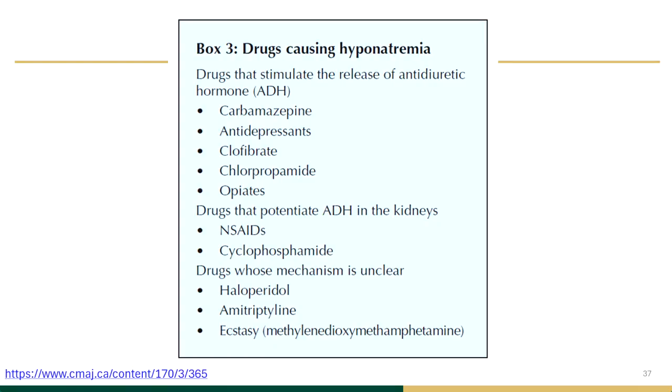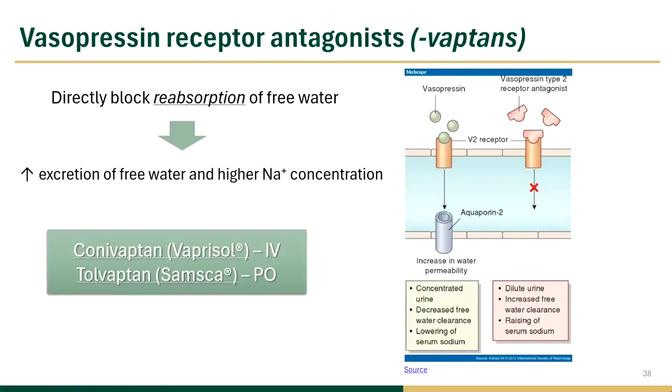So I mentioned the Vaptans. They're vasopressin receptor antagonists. As I said before, if the SIADH is due to too much vasopressin, then a drug that blocks vasopressin activity would be phenomenal. And that is exactly what the Vaptans do. So the mechanism of action, this is normally the V2 receptor.